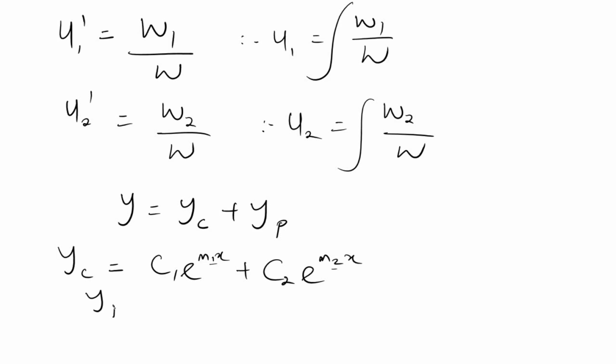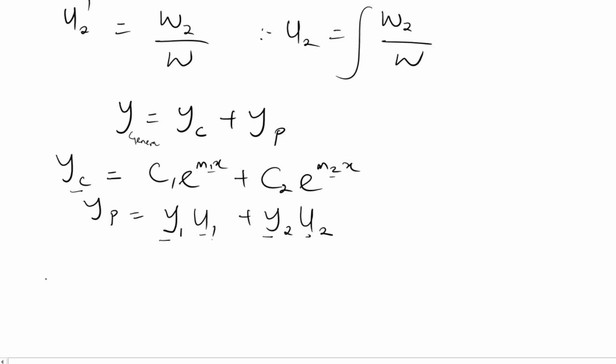Then this yp is equal to y1 u1 plus y2 u2. Since I have my y1, I have my y2, I can now just substitute my u2 and u1 to find my yp, and I already have my yc. Then just insert them to find the general solution.